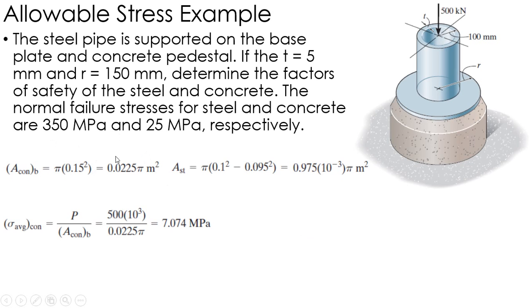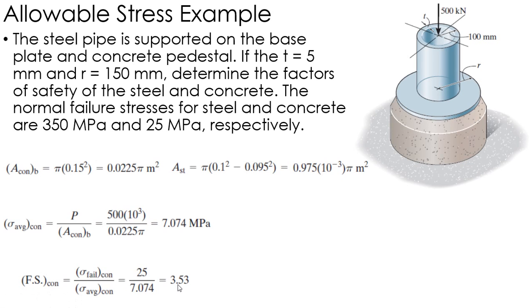Again, this is for the concrete. Finding the ratio between the 25 megapascals, which is what I know concrete fails at, and the stress that I'm seeing gives me the factor of safety, which is about 3.5.